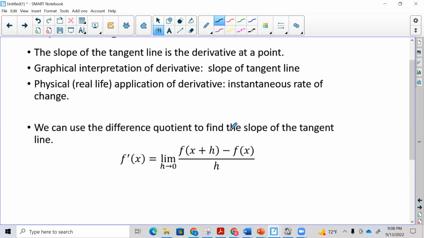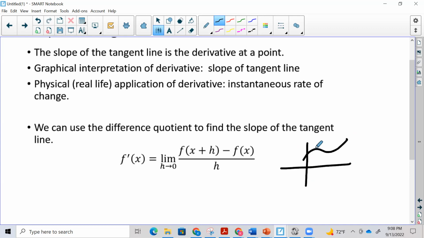To find the slope right now, we're going to use this difference quotient again. We developed this in the other videos. When we are looking at a point X and we're looking for the slope, we pick another point and say the distance between that point and X is H, and this point we call X plus H. Then we find the slope between f of X plus H and f of X. The goal is that we want to minimize the distance between them, because as this gets closer and closer, it will become a better approximation to the actual slope.